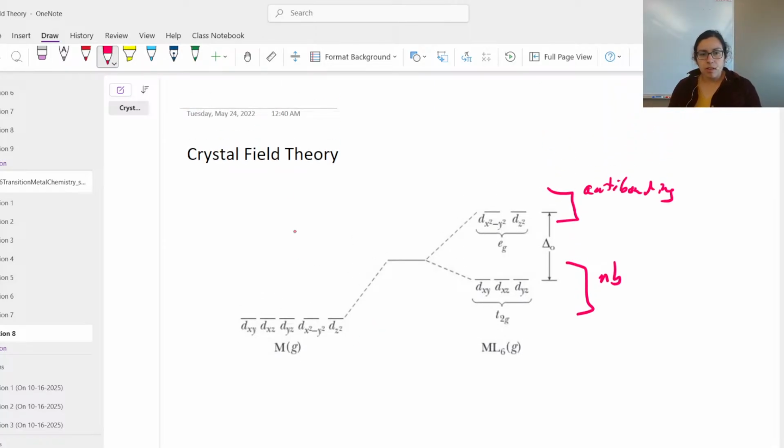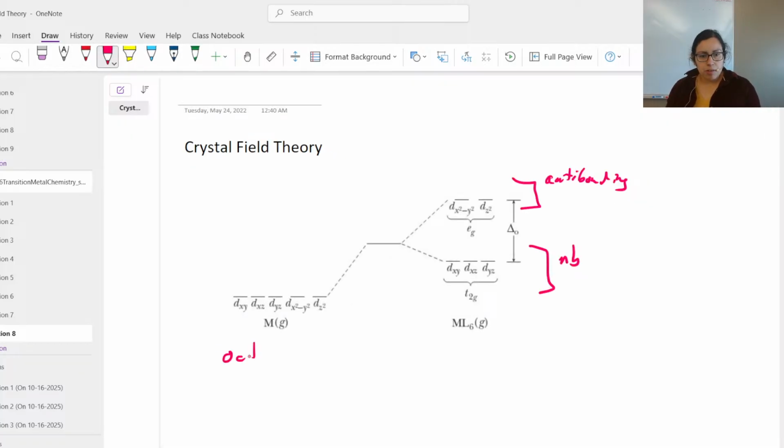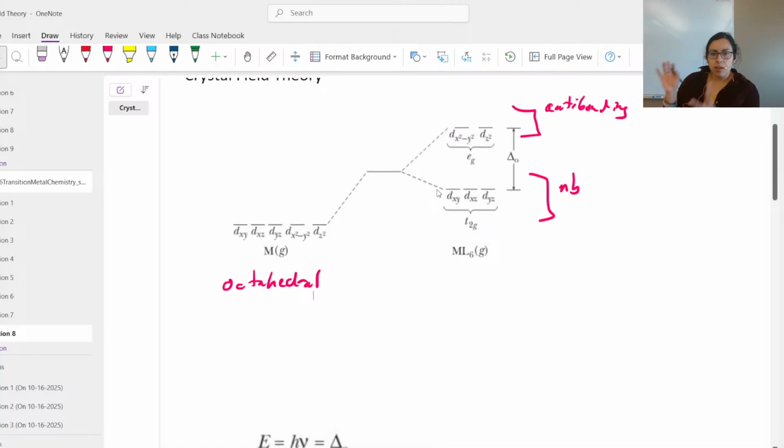So this is the octahedral crystal field splitting diagram. I should have mentioned that. Like we touched on Tuesday, the geometry dictates the order of these. And for octahedral, it's still easy enough that we can look at it.